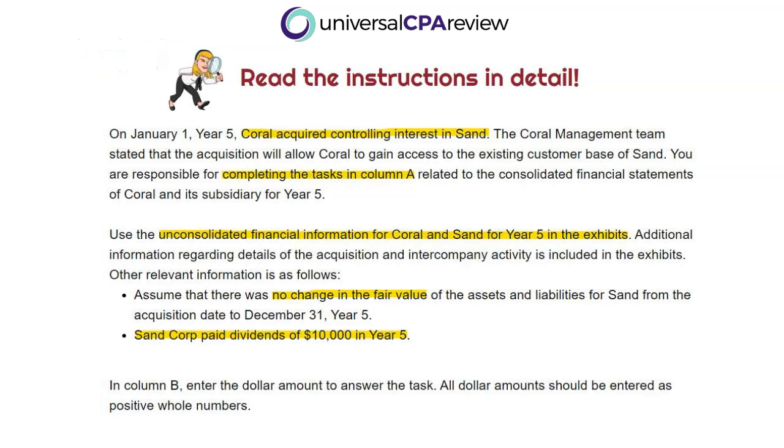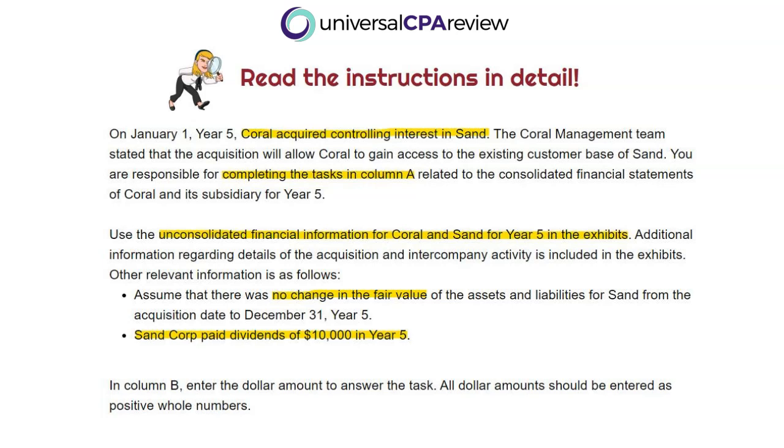It then tells us why Coral acquired Sand, but we don't really care about that. Ultimately, we will need to prepare the consolidated financial statements of Coral and its subsidiary to complete the task in column A. So there are 5 exhibits in this simulation.